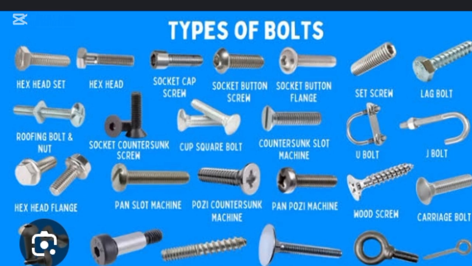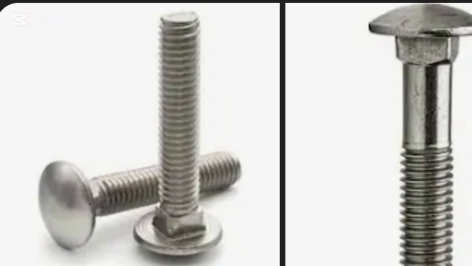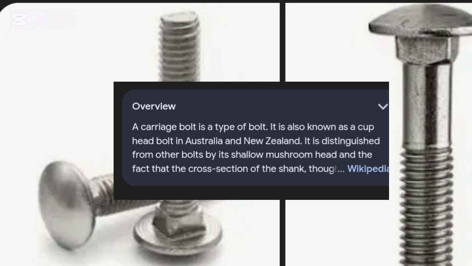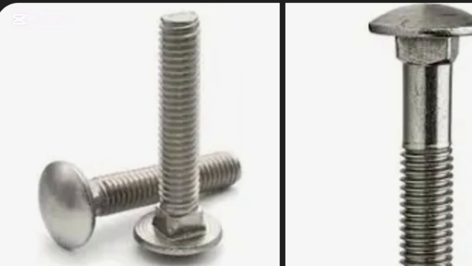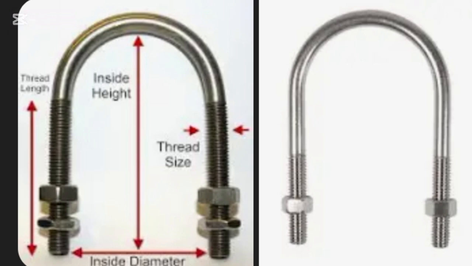Number one is the carriage bolt. The carriage bolt has a convex head, a square neck, and thread, and is used to fasten wood. Carriage bolts are used for wood.